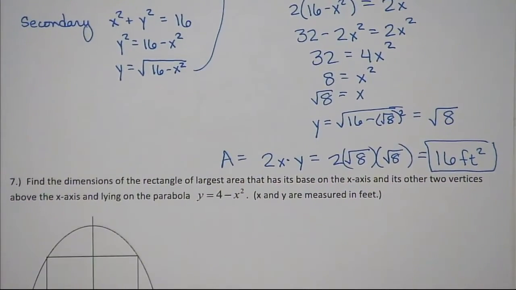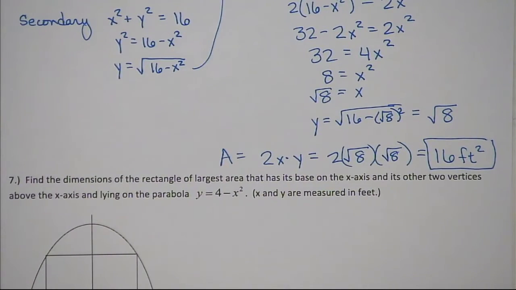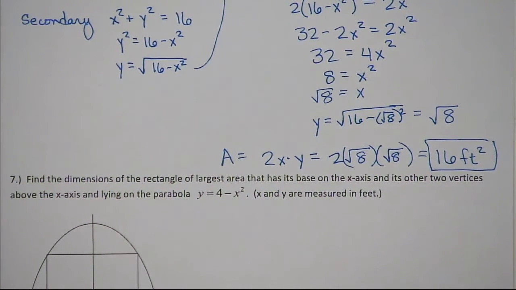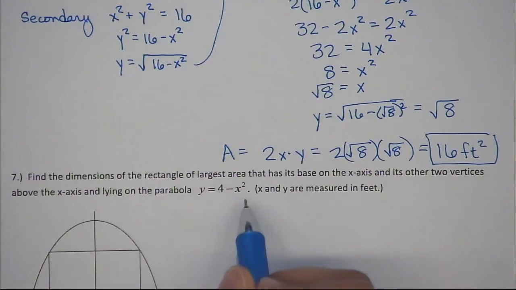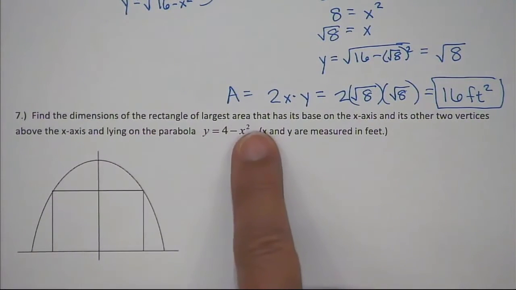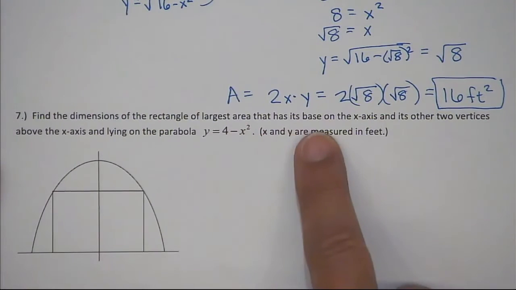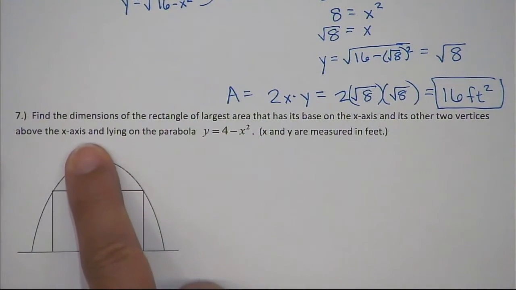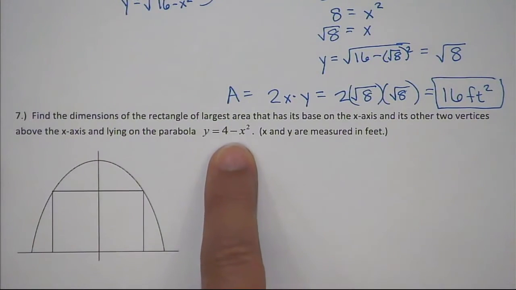Now, I'm going to kind of skip over 7. I'm going to start it, but I'm not going to finish it because it's very similar to what we just did, and I want to make sure I get to the other ones. But let me show you why it's a little bit easier. They actually give you the secondary equation right here, so you don't have to figure anything out. Number 7 says, find the dimensions of the rectangle of largest area that has its base on the x-axis and the other 2 vertices above the x-axis lying on this parabola.